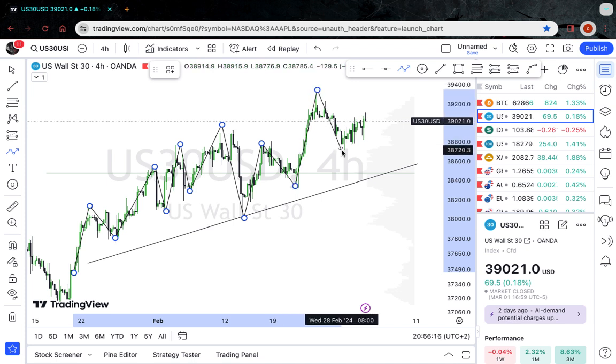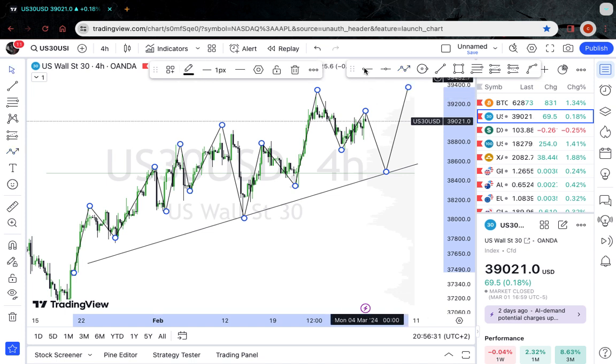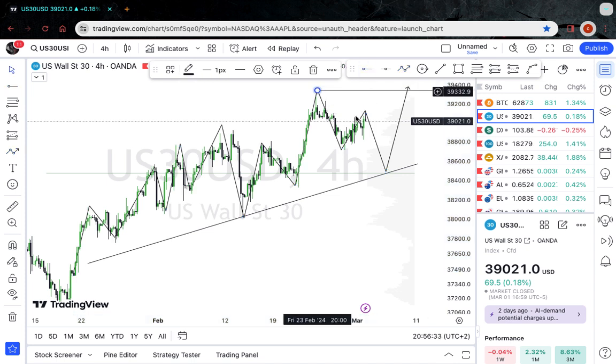So far we are here. We are expecting the market to push to this level here, and then probably from there, that's where we can definitely push to the upside, and then we take out that overall high there.